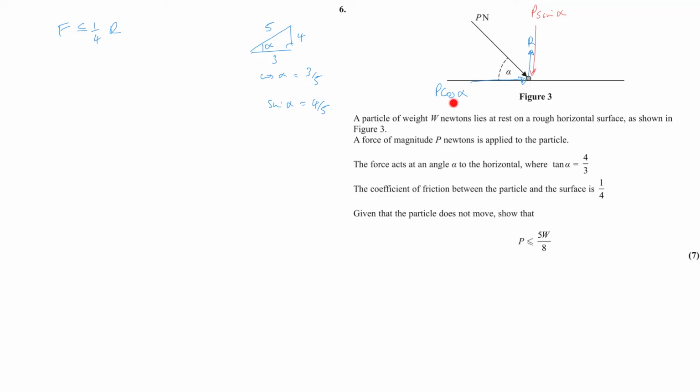Okay, and we can use that then when we're working out these. So that cos alpha is 3/5, so that's 3/5 P, and sine alpha is 4/5, so that's 4/5 P. And this has weight W down there.